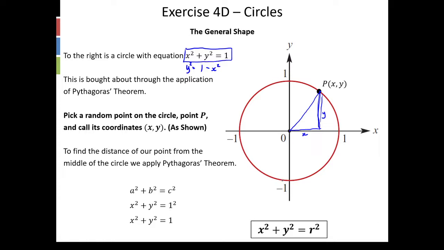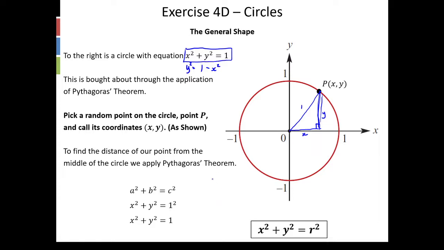Now in this case, this circle has a radius 1, so we can substitute all those values in. We know for this triangle it has to be a right angled triangle, so we have the equation a squared plus b squared equals c squared. We substitute our values in, x, y, and 1, and we get x squared plus y squared equals 1.